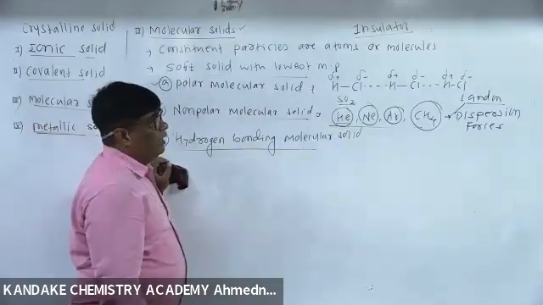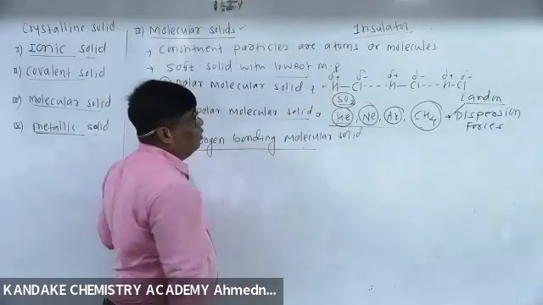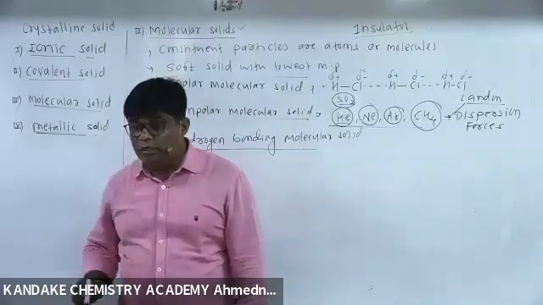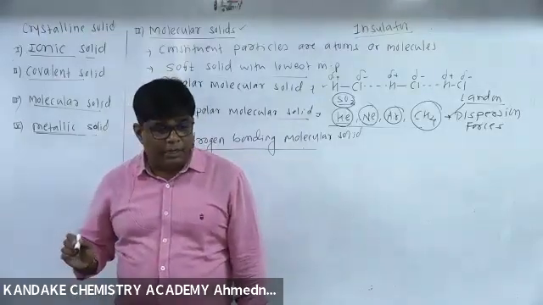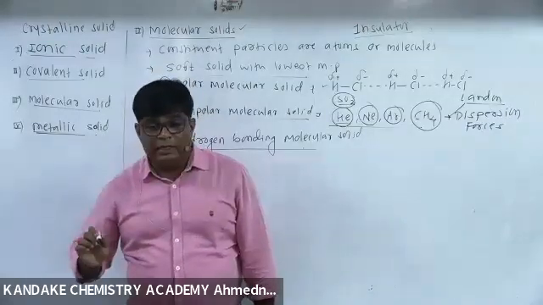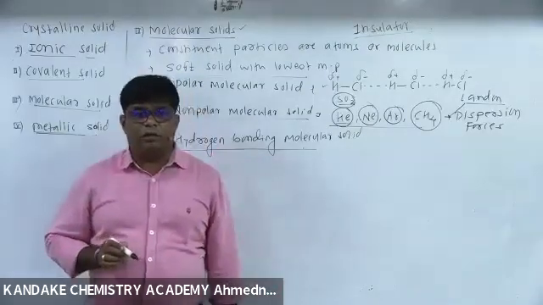But especially, HCl you can call a polar as well as hydrogen bonding molecular solid. But do you know what you can call SO2? Sulfur dioxide is only a polar molecular solid. It is not a hydrogen bonding molecular solid. So what is the hydrogen bonding molecular solid?